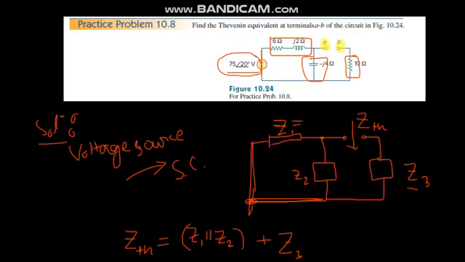Now just determine the equations like this. Z1 is equal to 6 plus j2 ohms, Z2 will be minus j4 ohms, and Z3 is just a resistance of 10 ohms.